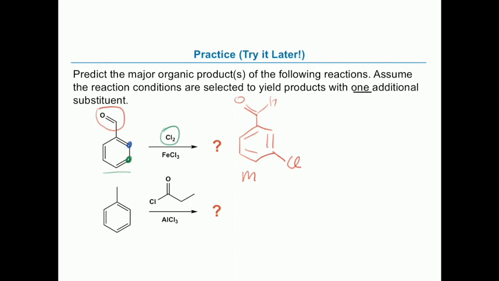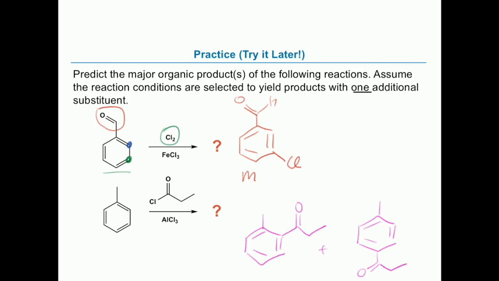So the products we would expect here would be our methyl and acylation at that position. And we would also get the one where we have a para-substituted product, like that.